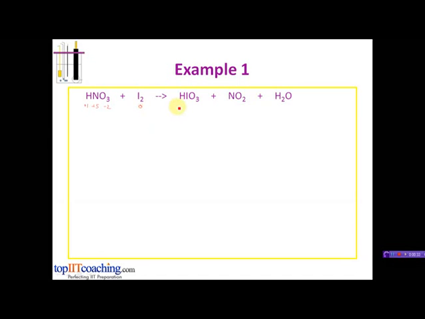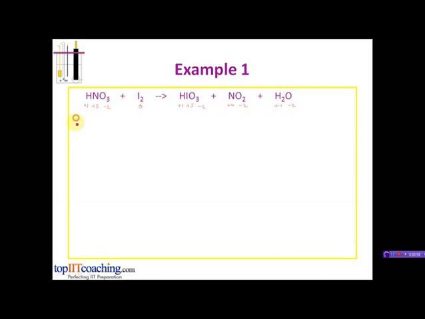Of iodine is 0. Again, hydrogen is +1. The oxidation number of iodine in HIO3 is +5 and of oxygen is -2. In NO2, the oxidation number of nitrogen is +4 and that of oxygen is -2. In water, the oxidation number of hydrogen is +1 and of oxygen is -2.